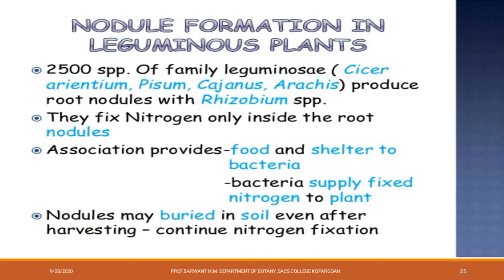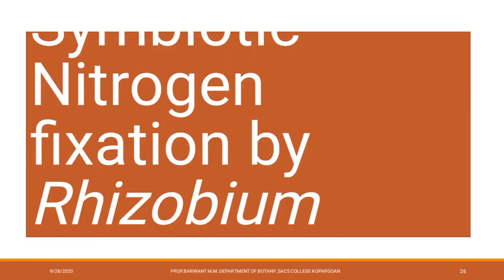That is the mechanism, a benefit to each other. Rhizobium is a bacterium that gets shelter for its growth and development, and the plant gets fixed nitrogenous compounds.